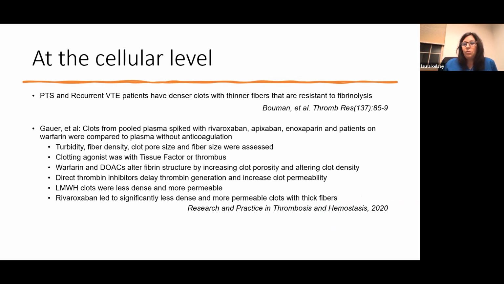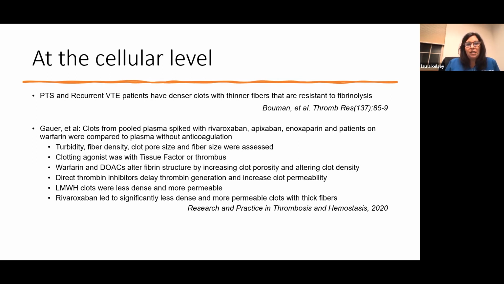So Gauer in 2020, I thought this article was really interesting. He looked at plasma and clots and spiked them with the different anticoagulants, and then really looked at how that helped the clot dissolve and what happened to pore size and fibers. And it looks like rivaroxaban tended to lead to significantly less dense and more permeable clots, the kind that would be more amenable to fibrinolysis.